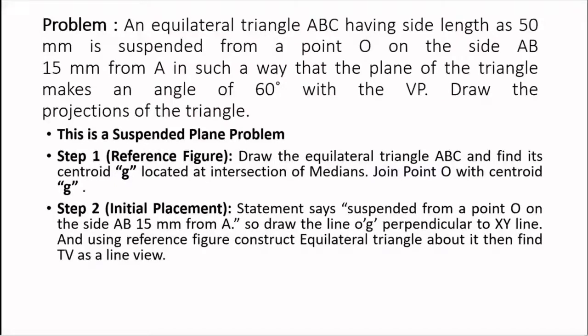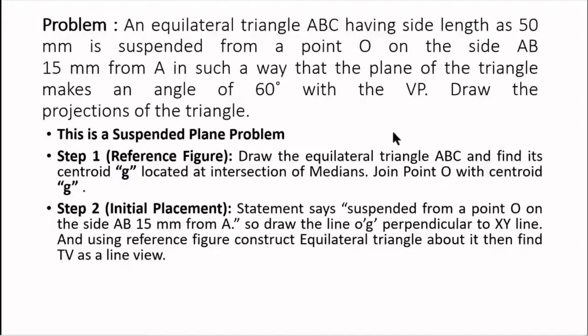Next, in step 2, we'll use this reference figure to construct the equilateral triangle by keeping line OG vertical. So remember, the line joining the point of suspension and the centroid is kept vertical because that is the position the plane would assume under the action of gravity.